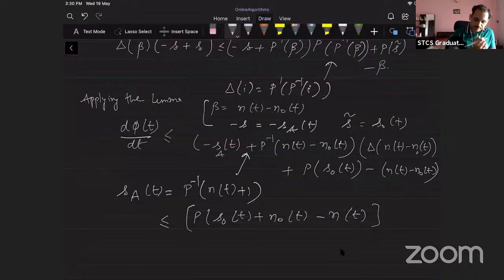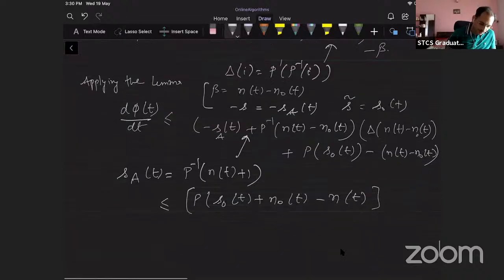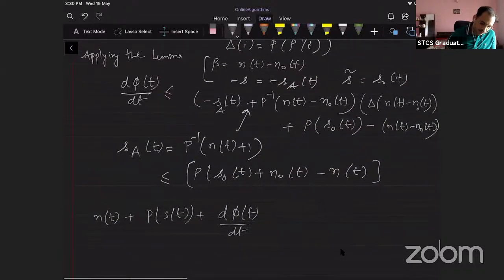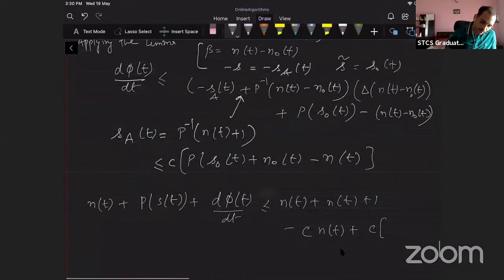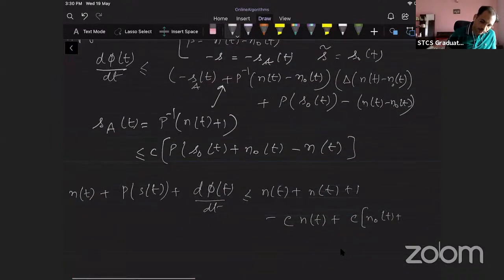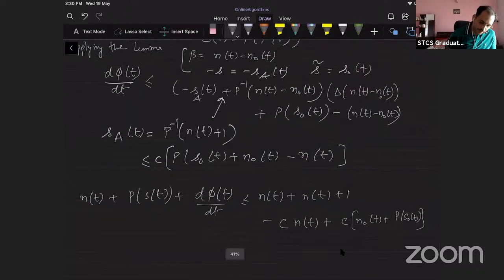Everybody with me? Okay, so now I can go back to my running condition. That's d phi t over dt. And what is this at most equal to? n of t plus n of t plus 1 minus c times. So there's always a c outside here. So c times n of t plus c times n0 t plus p of s0 of t. So when am I in good shape?